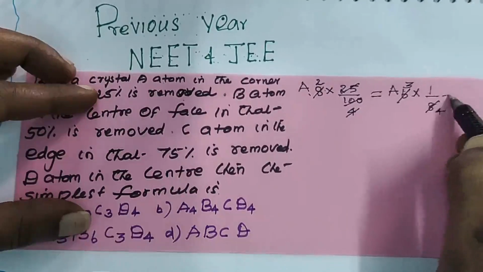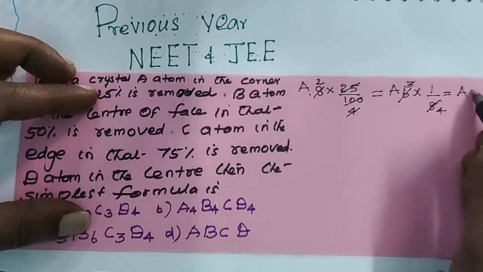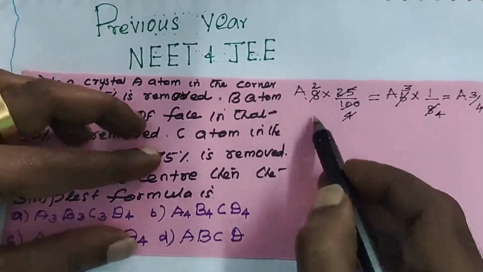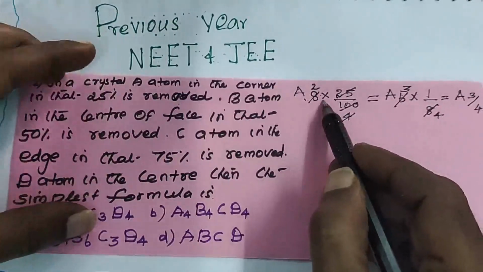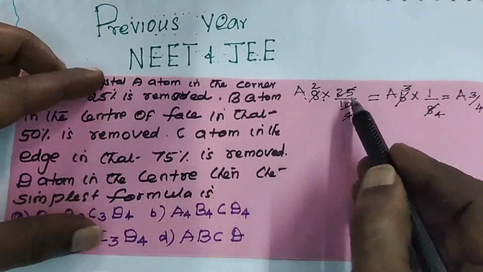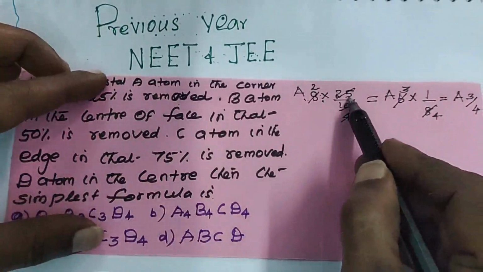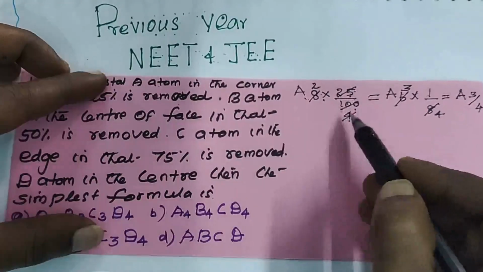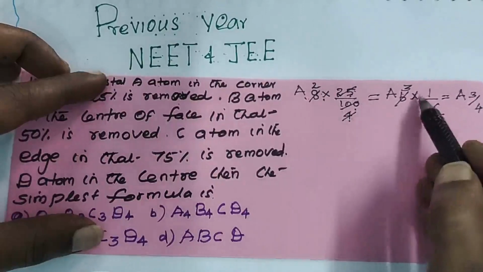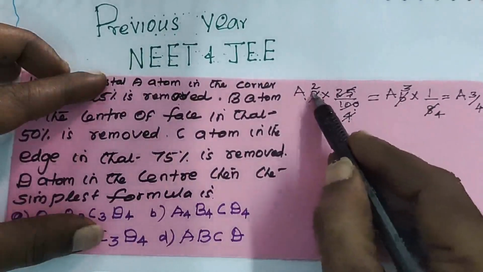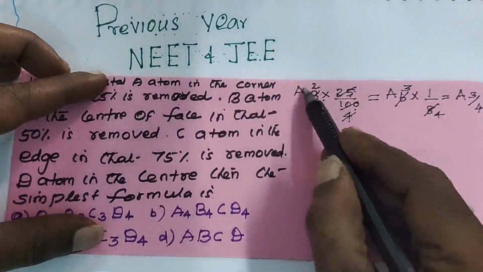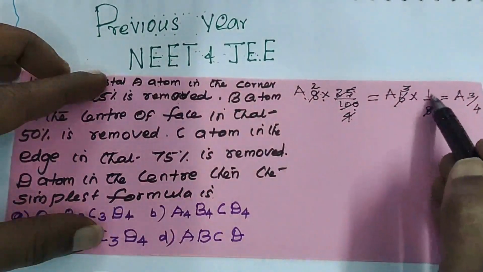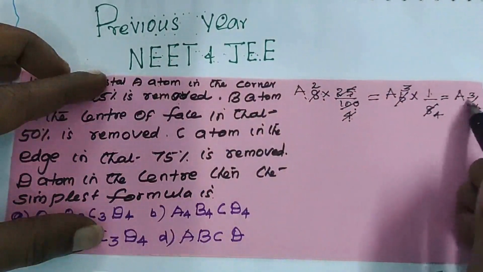So A is A 3 by 4. To recap: total corner atoms 8, 25% removed, only 2 atoms removed, remaining 6 with contribution 1 by 8, so A 3 by 4.